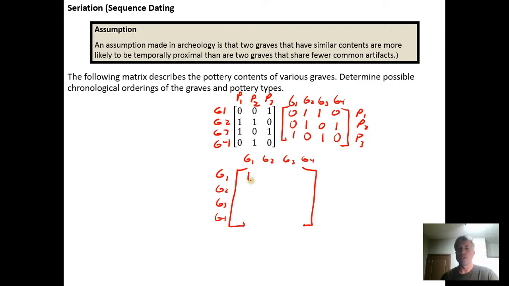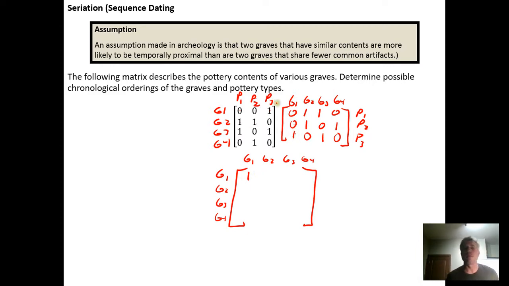And what we want to notice is that the diagonal is going to give us the relationship between the grave and itself. The diagonal really tells us the number of types of pottery that were found in that grave. So there was none of pottery type 1 times none of pottery type 1 is 0. None of pottery type 2 times none of pottery type 2 is 0. 1 of type 3 times 1 of type 3 is 1.